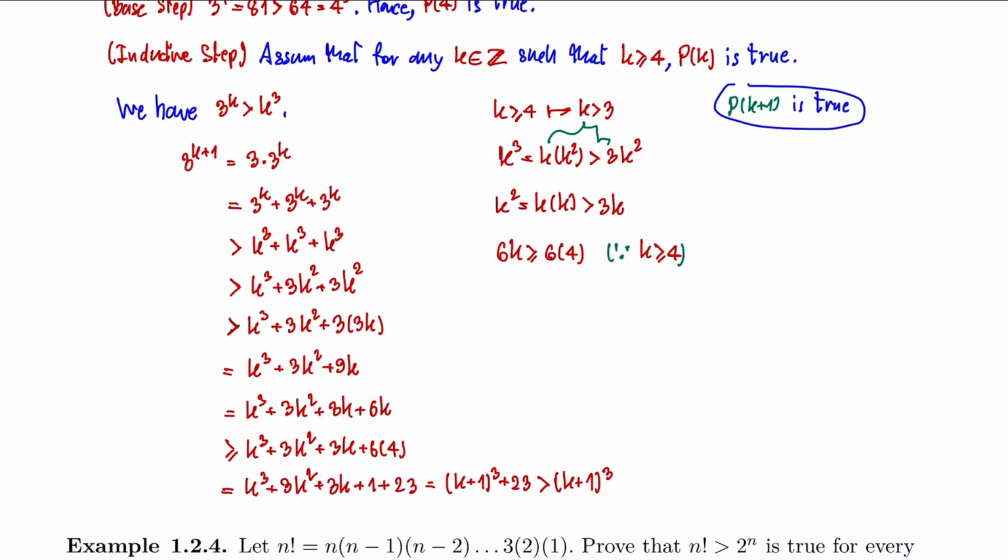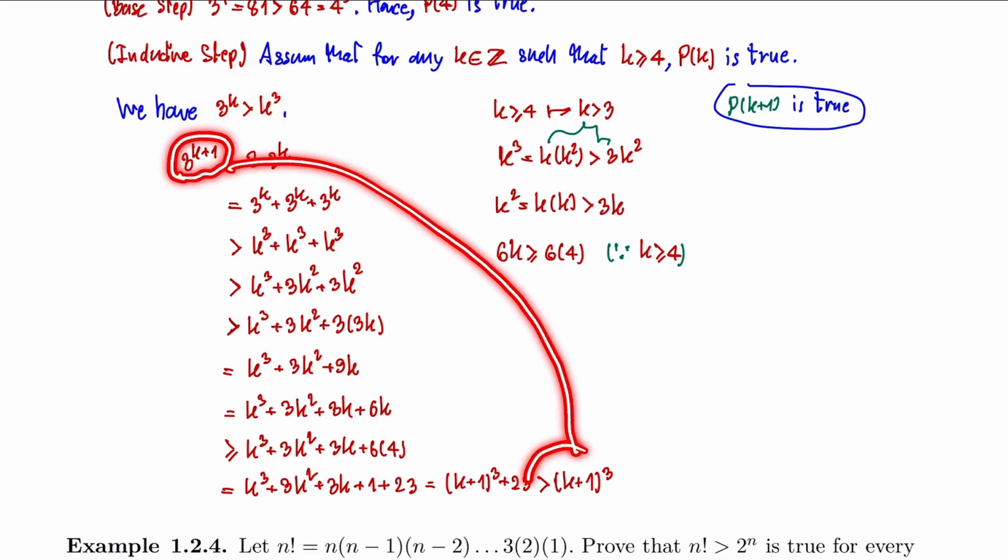Okay, so right now I have the inductive step already. From what we have right here, 3 to the k greater than k cubed, we have 3 to the k plus 1 greater than k plus 1 cubed.